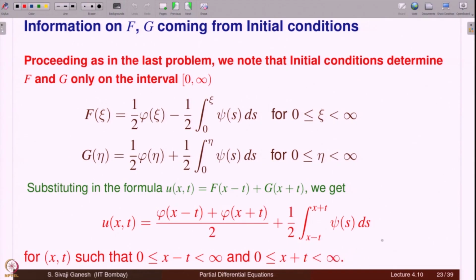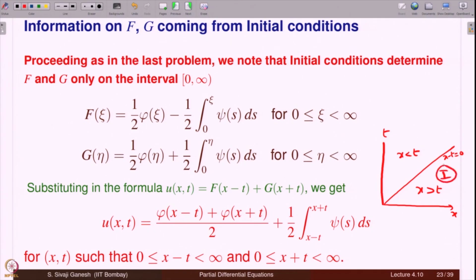So, this region, let us see how it looks. The picture is like this, x here, t here, x minus t is playing a role, this is x minus t equal to 0, here x is always greater than t, here x is always less than t. So, we have determined that the region x minus t greater than or equal to 0 and x plus t greater than or equal to 0 is this region, let us call it 1.